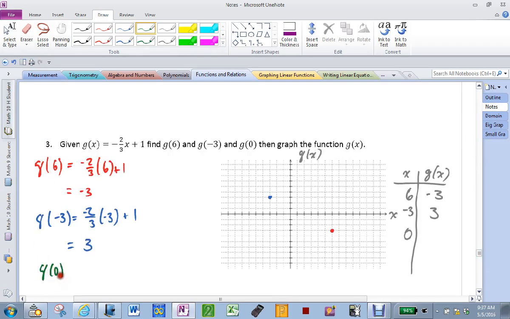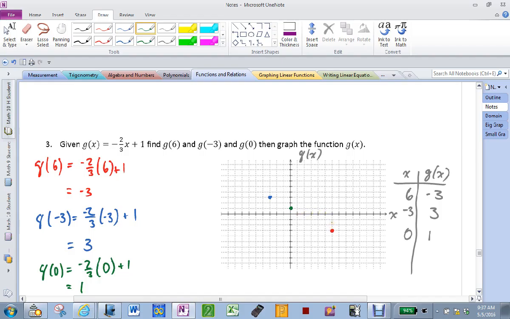G of 0. So negative 2/3, what goes in for x? 0 plus 1. What's my output? 1. So my third point, 1. So I put a green dot at 0, 1. Everything cool? 1, 2, 3, 4, 5, 6, 1, 2, 3.